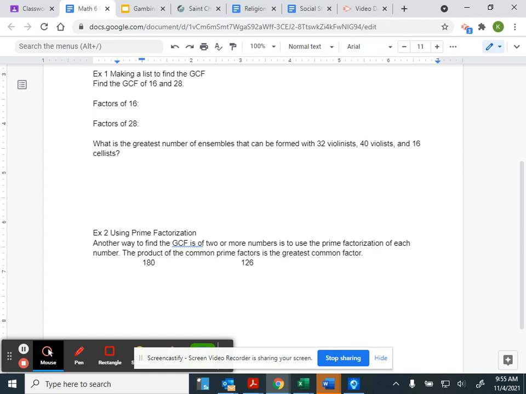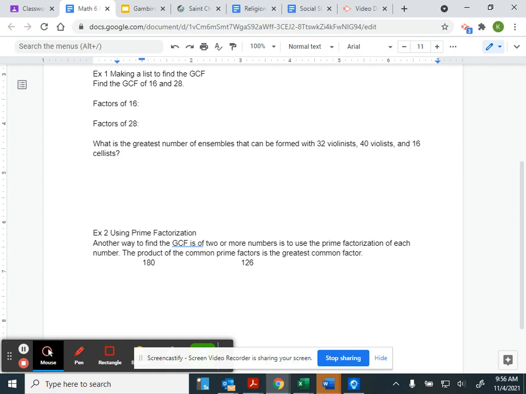It says, what is the greatest number of ensembles that can be formed with 32 violinists, 40 violists, and 16 cellists? So what they're wanting to know is the greatest common factor between those three numbers. So you need to break down those groups to make even sets.